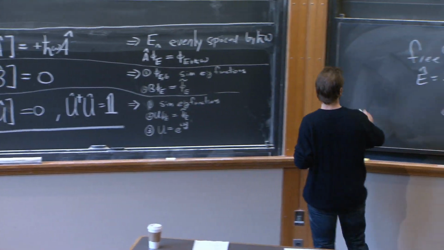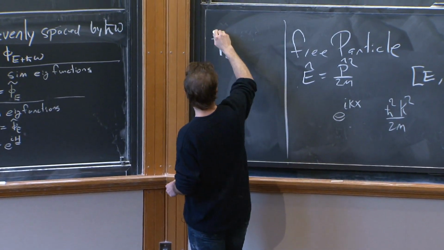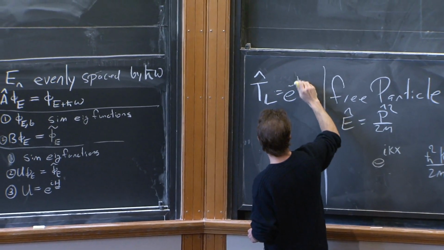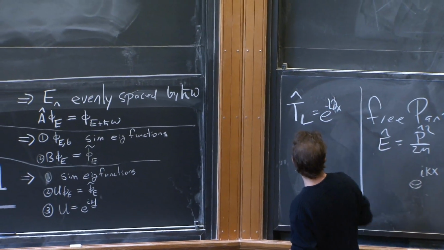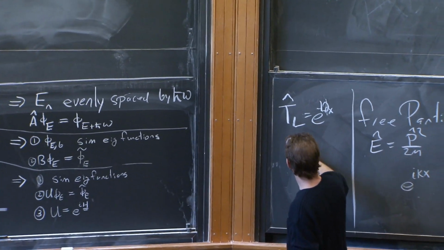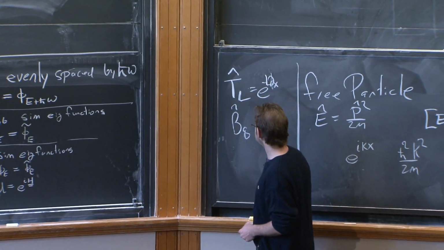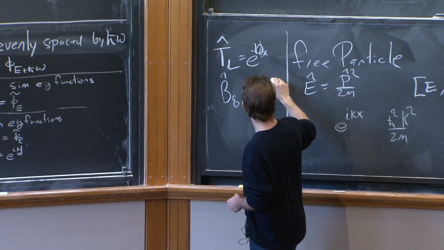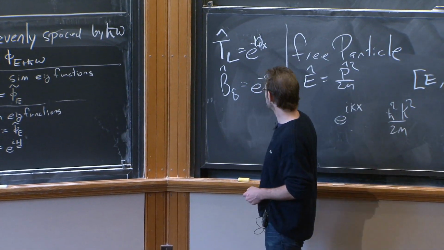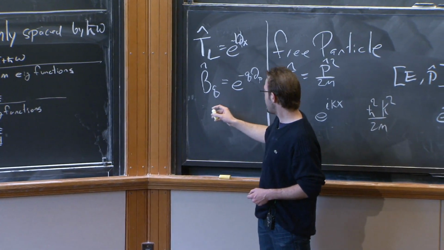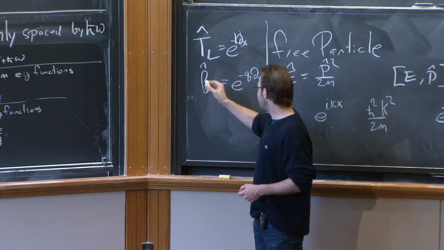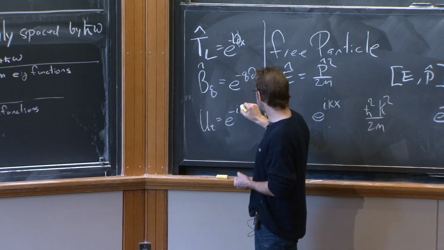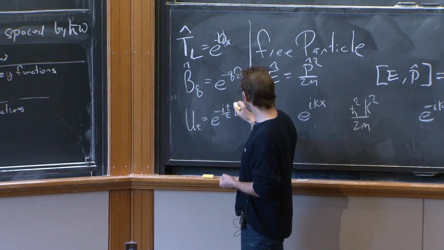For example, my favorite examples are the translate by L operator, which is unitary, and is e to the minus i L over h bar times p, or e to the minus L d/dx. And the boost by q operator, which similarly is e to the minus i q over h bar times x. And the time translation operator, u sub t, which is equal to e to the minus i t over h bar times the energy operator.